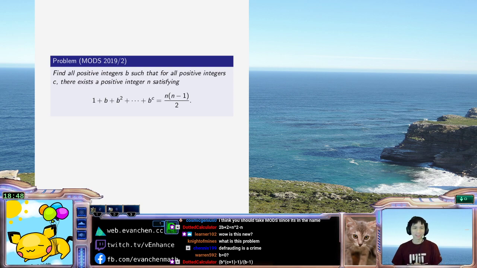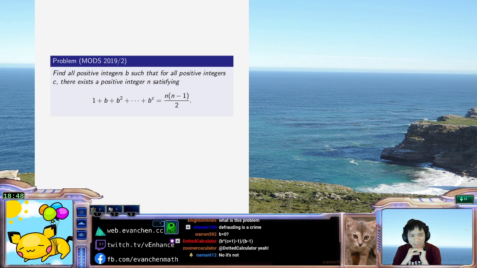I'm just trying to think, is there any b for which this is even remotely possibly true? I want to say no way in heck. I'm not even sure I can get it to be true for c equals 1 and c equals 2. b equals 9: 91 is not a triangular number, right?